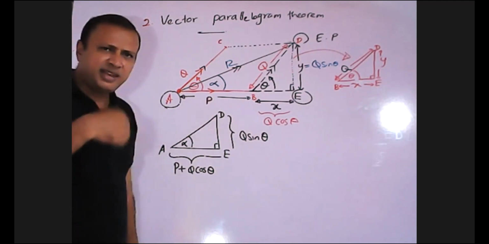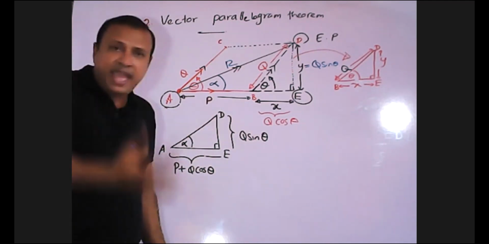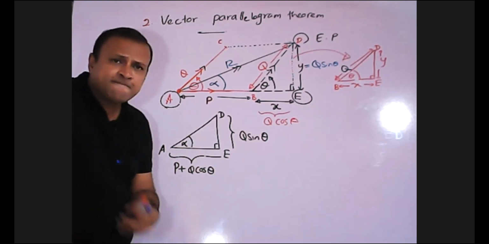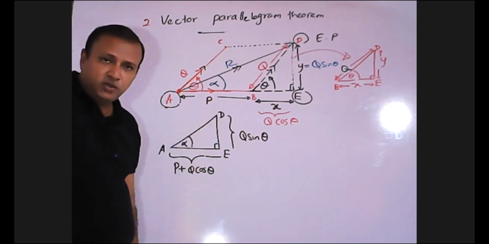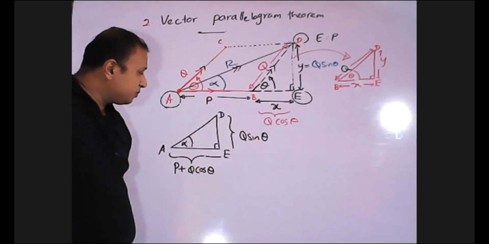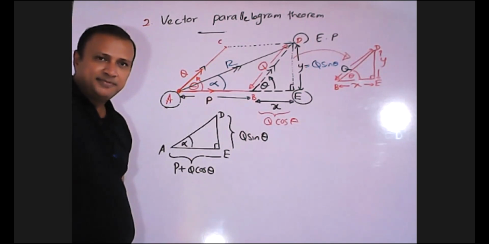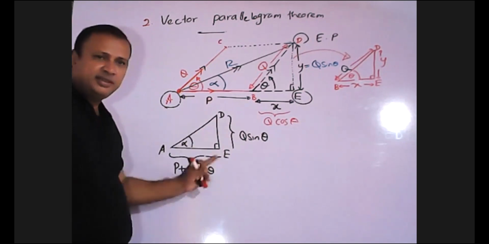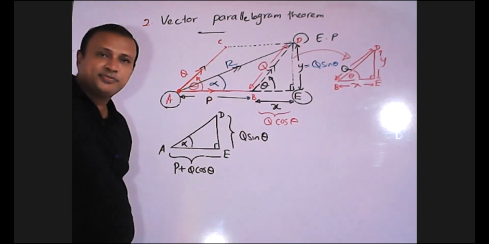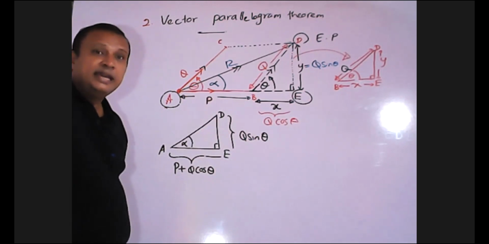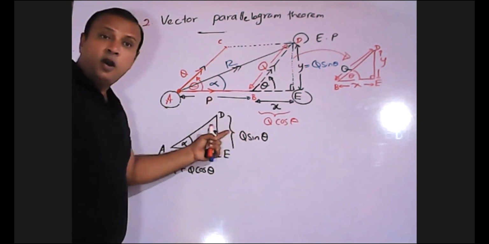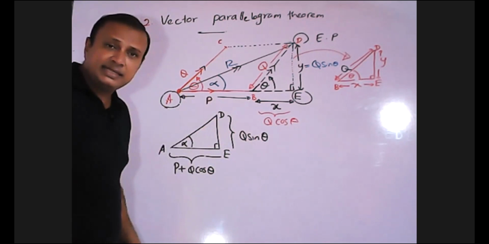If you know the opposite side and adjacent side with respect to an angle, what will be the trigonometric ratio corresponding to these two sides? It is tan alpha. Tan alpha means opposite side over adjacent side.